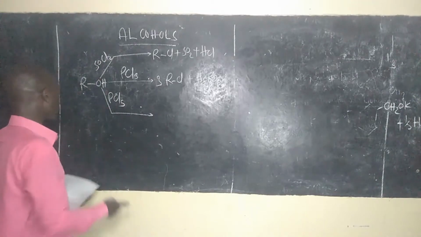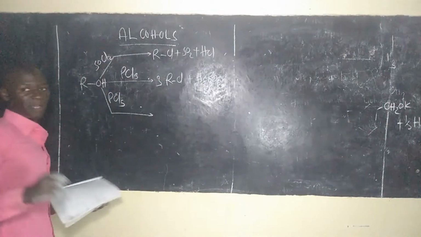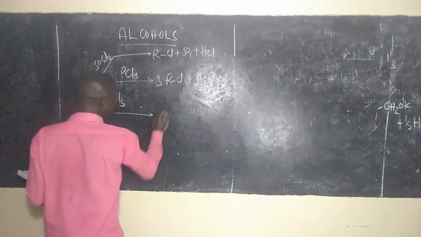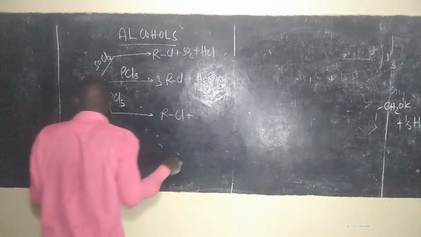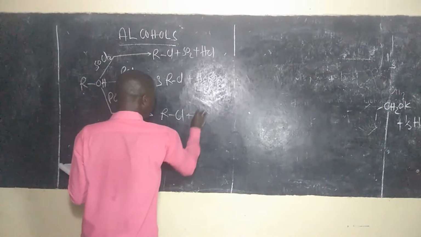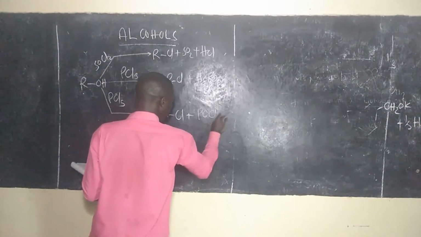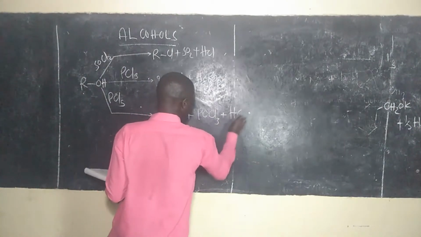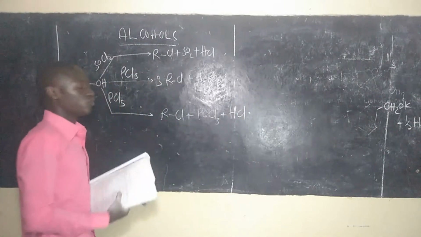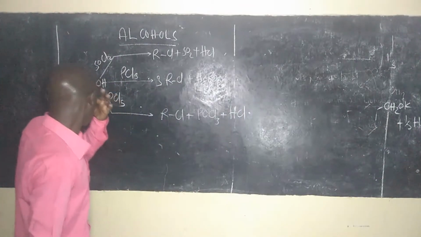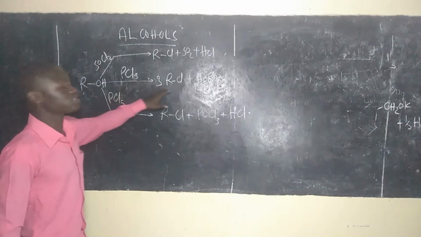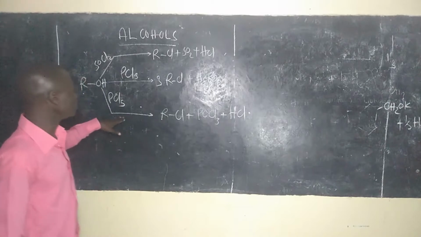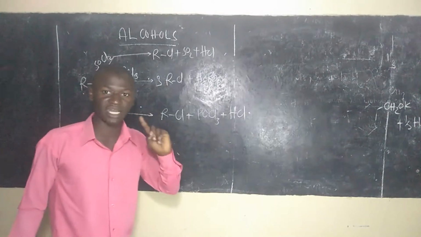Lakini tukireactisha huyu na pentachloride, phosphorus pentachloride, tutapata RCl plus POCl3 plus HCl. Now, unaweza kuona kwa mfano hapa chlorine tatu zote zimeenda kutengeneza 3 molecules of haloalkane. Hapa chlorine tatu zimeenda kutengeneza haloalkane mmoja tu.